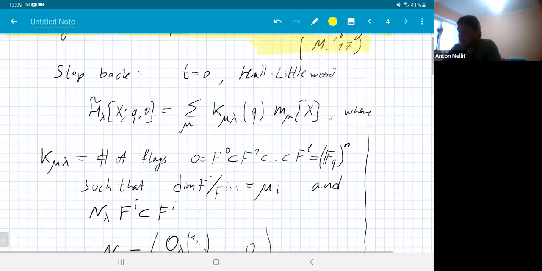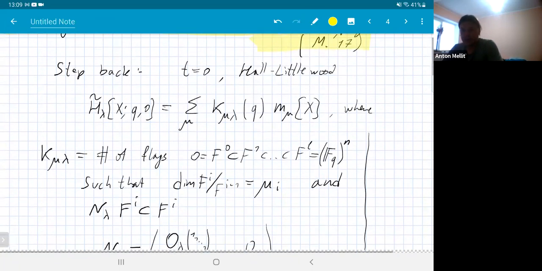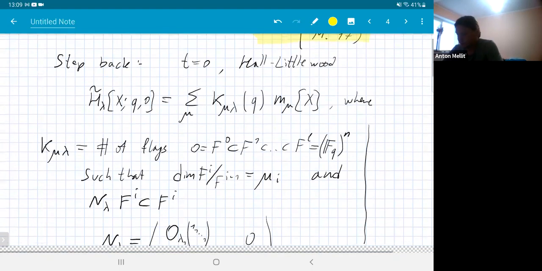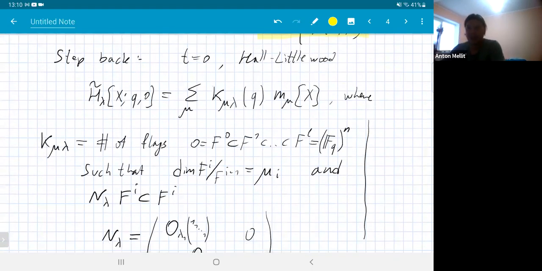So what is this geometric interpretation about? Let's step back to a simpler situation where we set t equals 0. If you set t equals 0 in Macdonald polynomials, you get modified Hall-Littlewood polynomials.